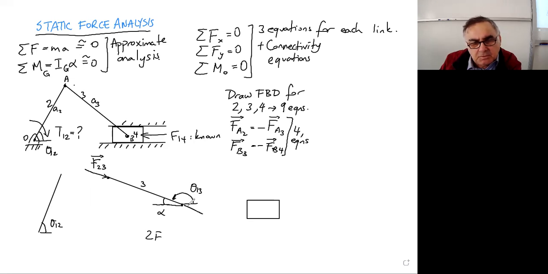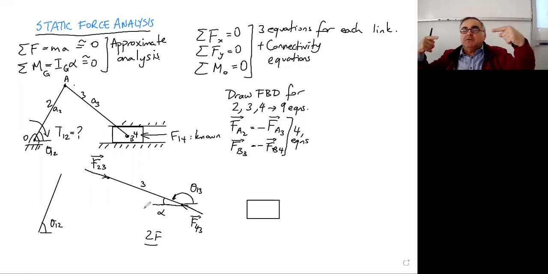And if it is so, the other force, which is F43, has to be in the direction of the link as well. We understand this. This is a two-force member. Therefore, the forces have to be equal in magnitude, opposite in direction, and they have to be along the link.